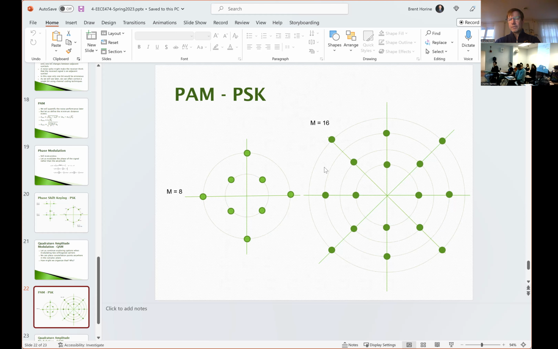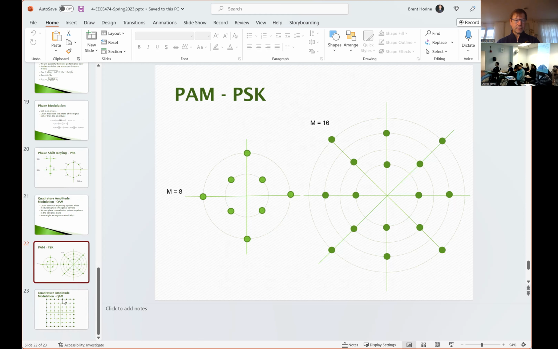Again, for the sake of time in an undergraduate course, we skipped over a lot of that derivation of those basis functions. So I'm not going to hold you accountable for that type of thing, but you should understand that these constellation points here are the vector representations of that signal, right?